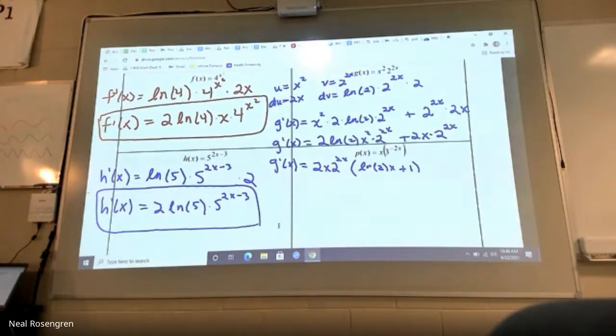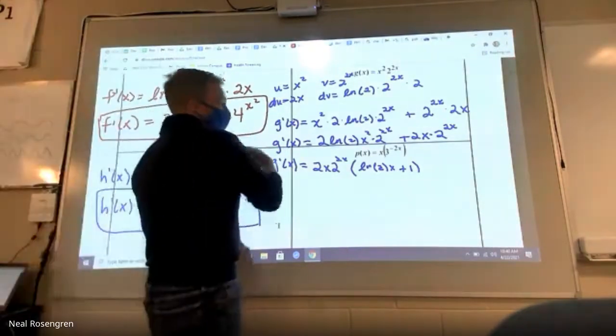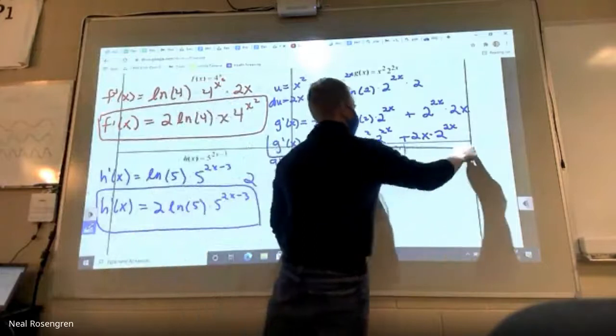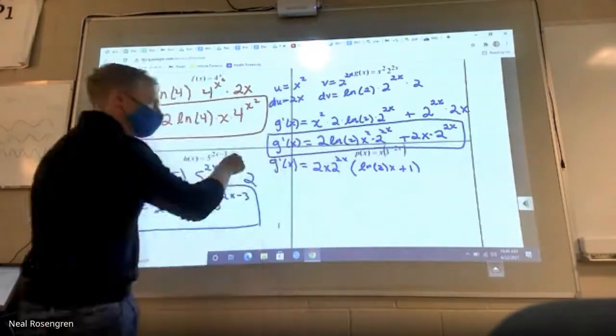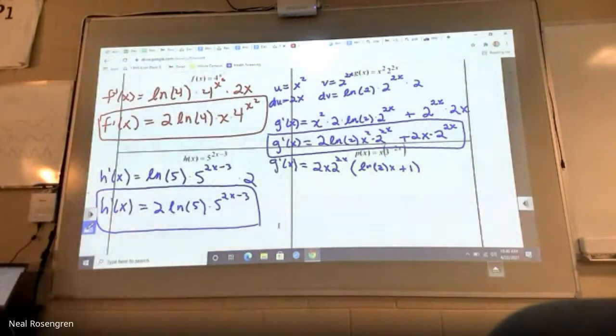Start it as a product, finish it as a product. Whatever you're comfortable with, whatever you think looks good. I probably, realistically, would have left it, because I factor, and nothing is a like term for me to combine together. So why factor if it's not helping me simplify? There's good and bad to both. That's up to you, whichever one you want.